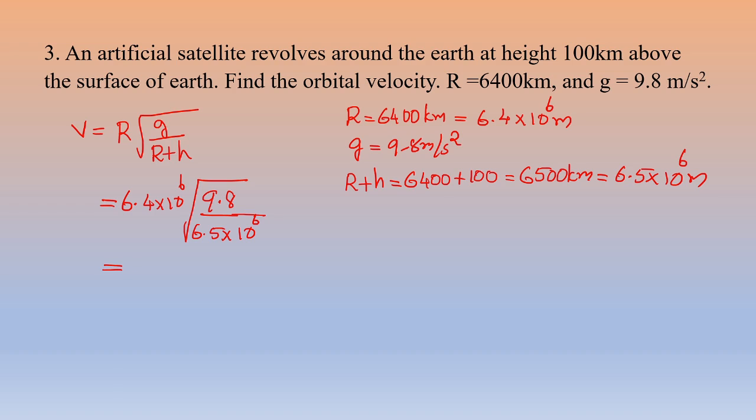After the calculation, we get the orbital velocity 7.858 into 10 raised to 3 meter per second.